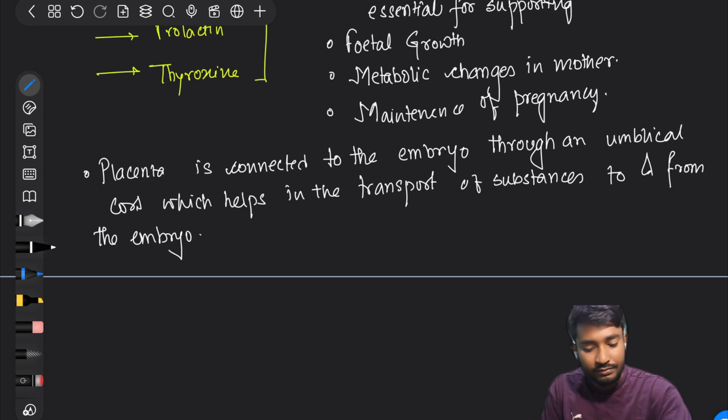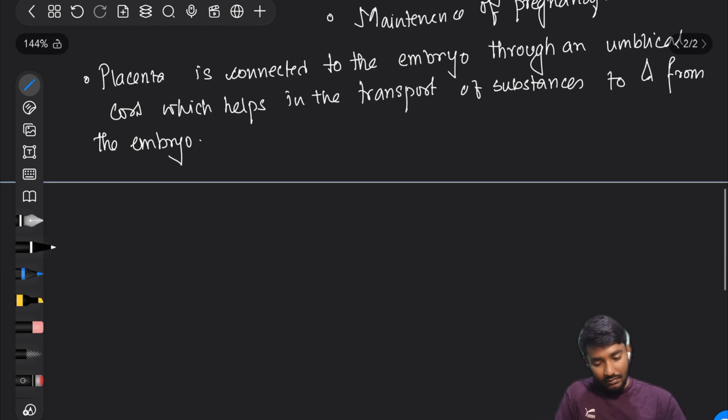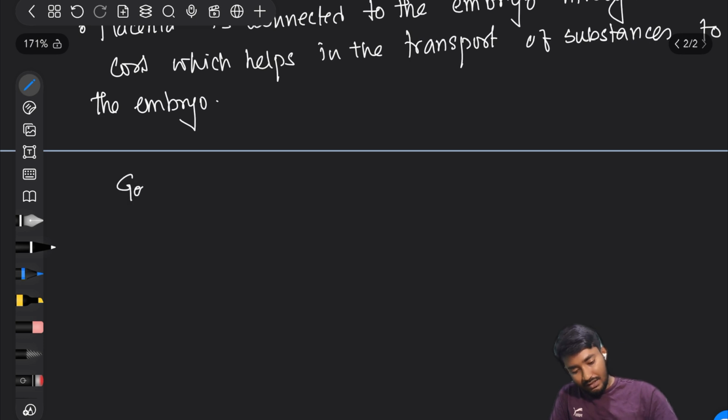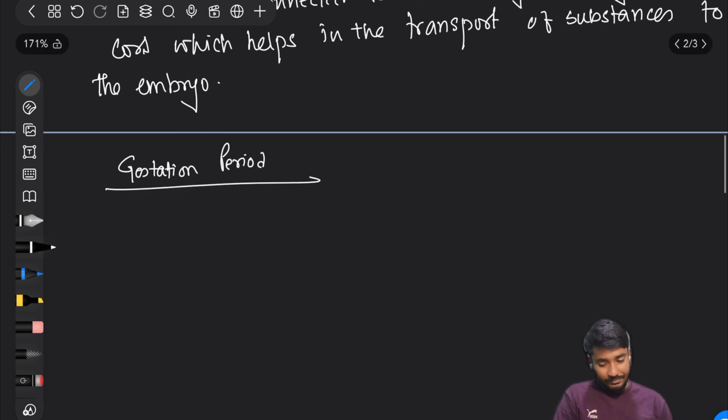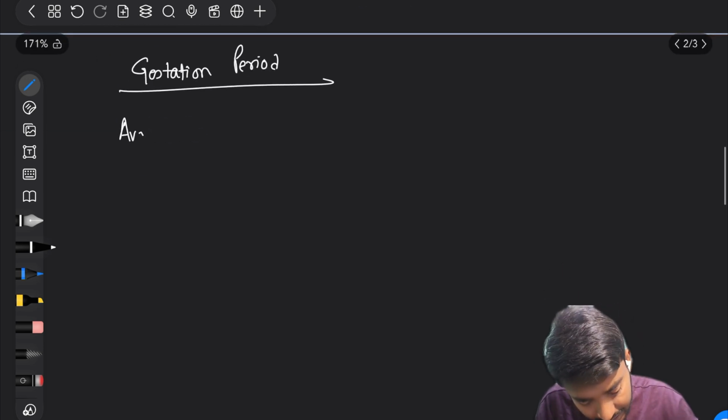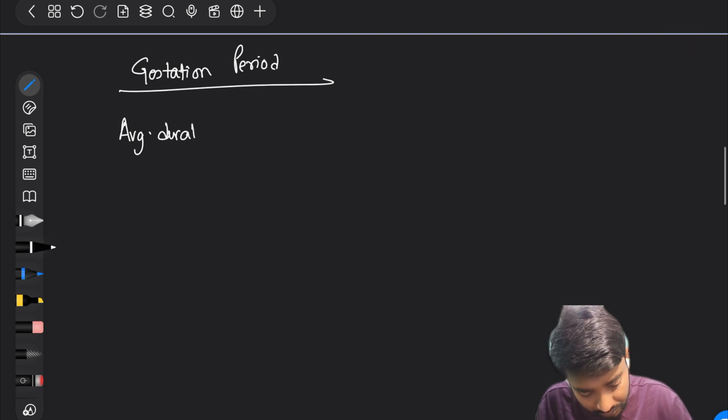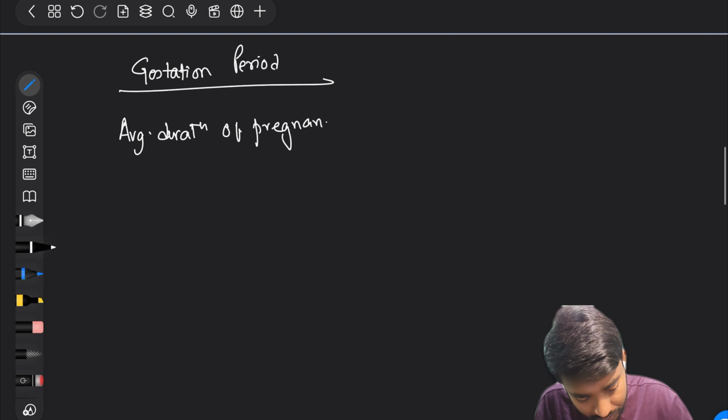Okay, now what is the gestation period? The gestation period, or the period of the pregnancy. So the average duration of pregnancy for dog is 63 days.